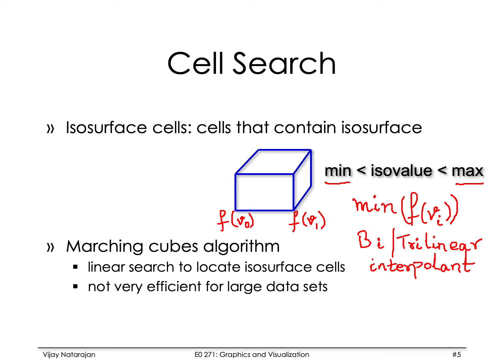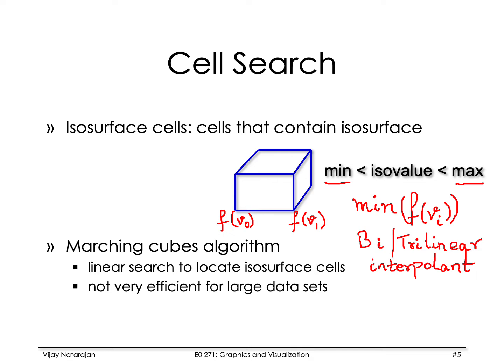So now the marching cubes algorithm essentially searches through all these cells, looking at them one by one. It uses the min and the max values to determine if that particular cell contains the isosurface. If yes, we know how it uses the lookup table to extract the isosurface. In today's class, we will focus on this search step.